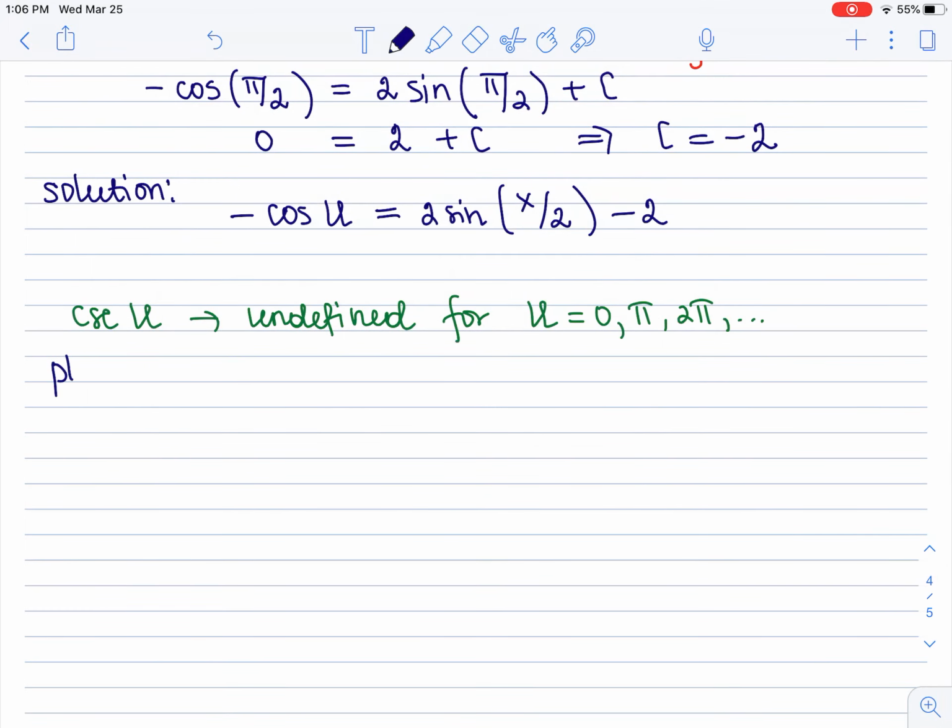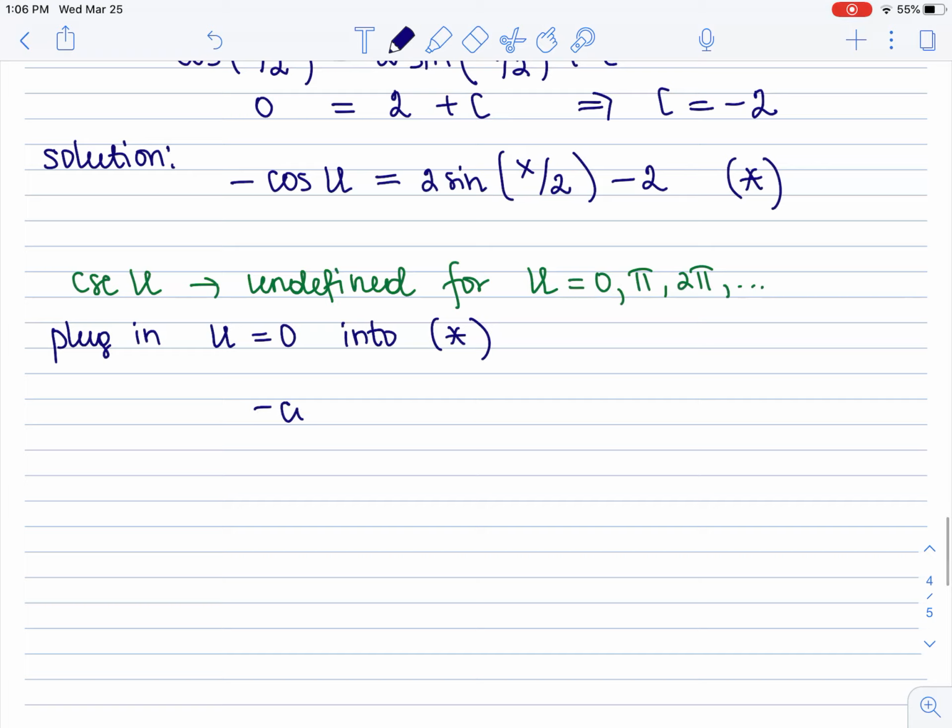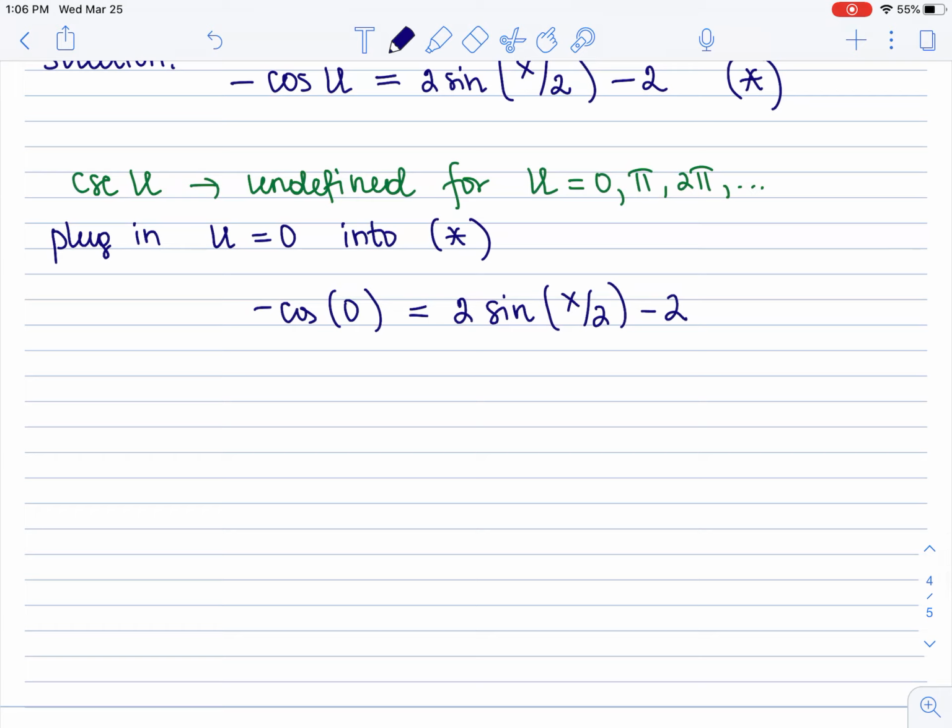We're going to plug u is equal to 0 into star, which is our solution over here. Negative cosine of 0 is equal to 2 sine of x over 2 minus 2, and we need to solve for x.